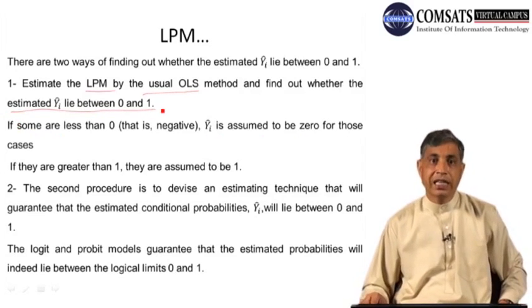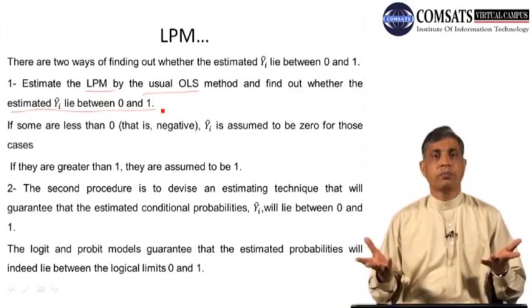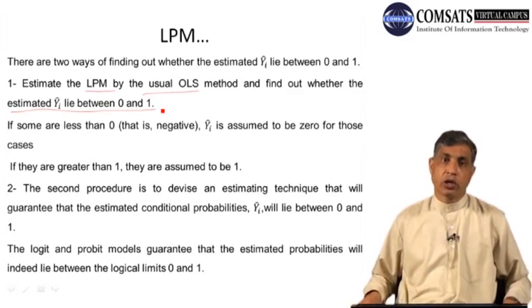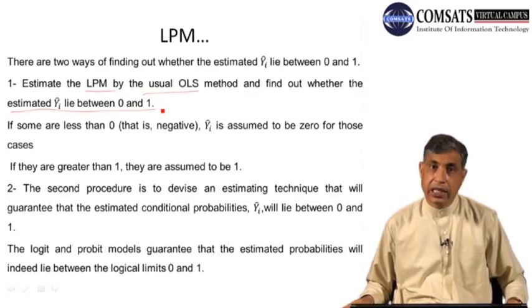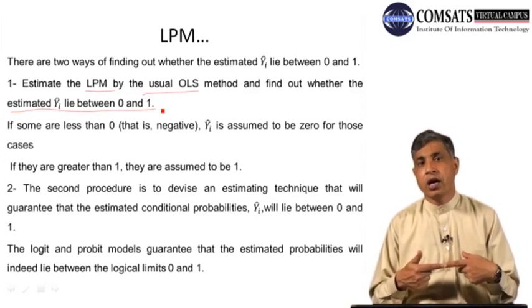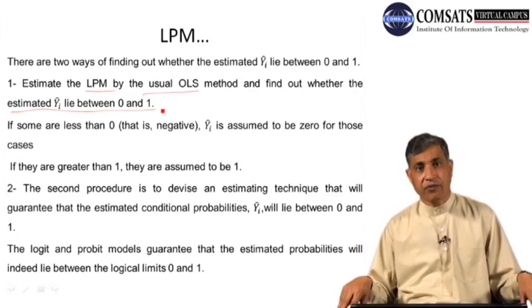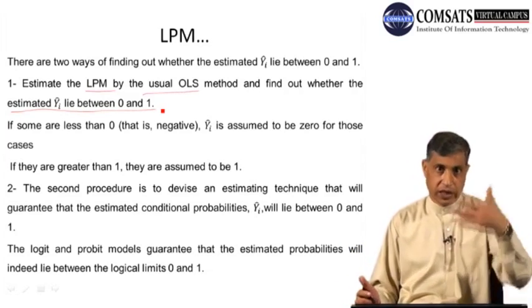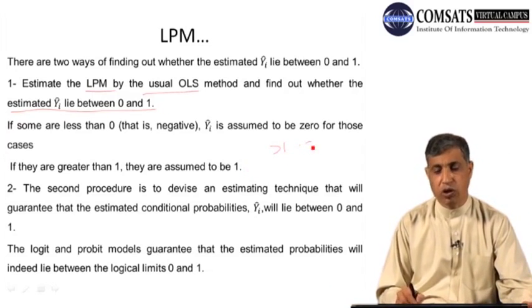This is the simple, domestic method: construct the LPM, the simple linear regression model, apply the OLS, and see whether yi hat, the expected value, is within the range of 0 and 1 or crossing the limit. If they are greater than 1, they are assumed to be 1.